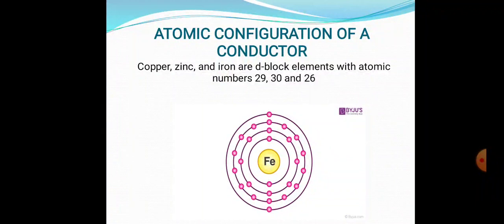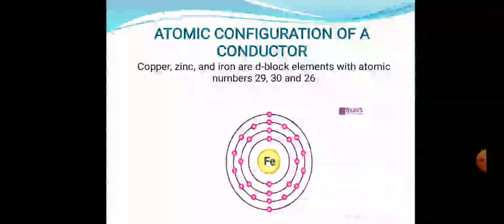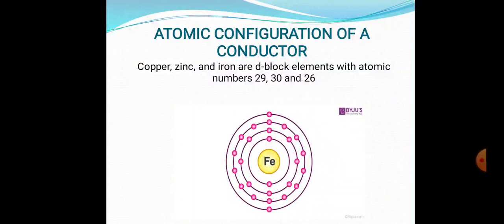For understanding purpose, the electronic configuration for iron is given for your well-being. In this electronic configuration, you might know there are two free electrons. These free electrons are randomly moving inside the conductor.